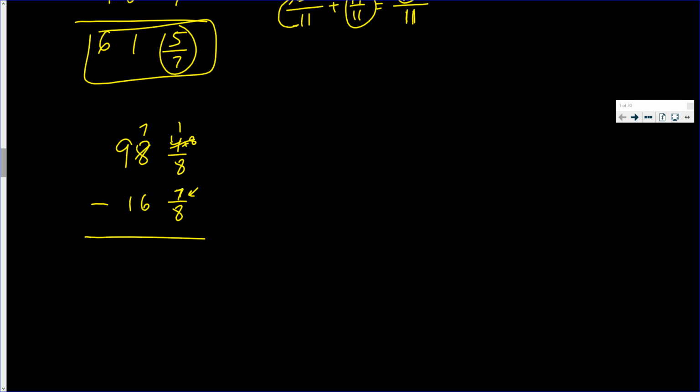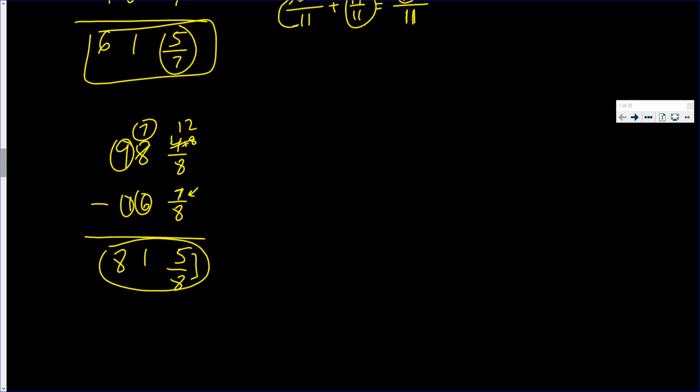So now you have 12/8 minus 7/8. That's 5/8. 7 minus 6 is straightforward. 9 minus 1 is straightforward. This cannot be reduced, and it's not improper.